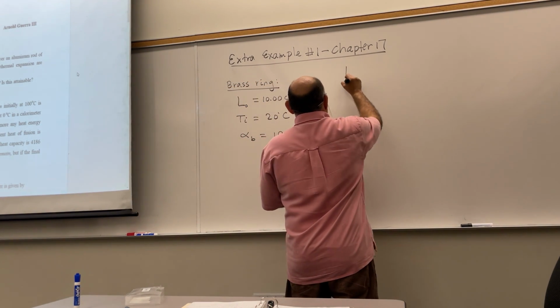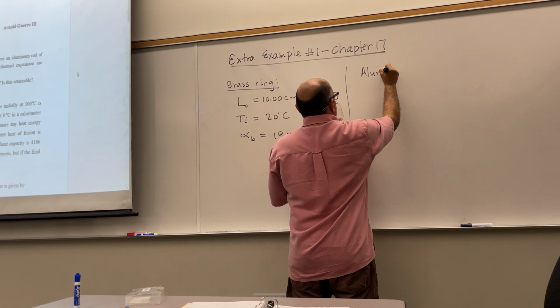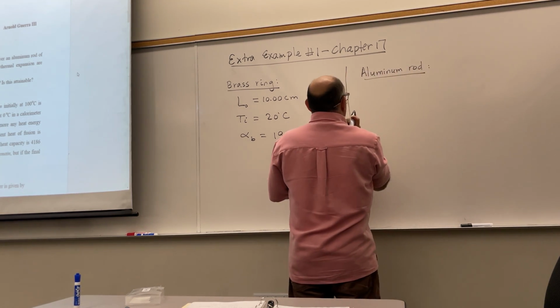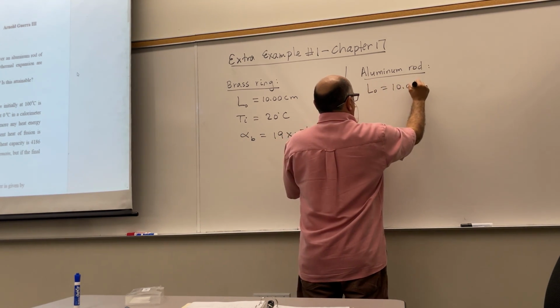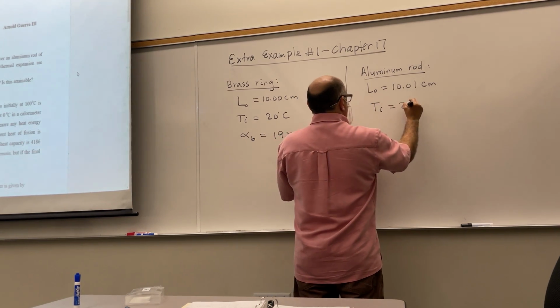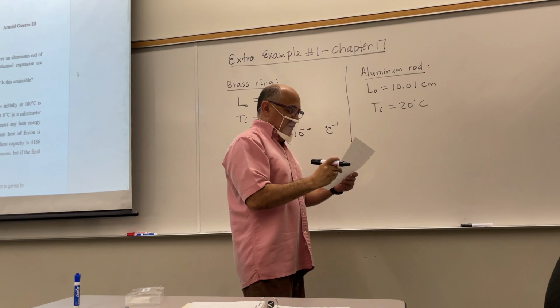On the other hand, for the aluminum rod, the initial diameter is 10.01 centimeters. The initial temperature is also 20 degrees Celsius, and the ring is stuck on it. I'll write AL for aluminum, and this one is for brass.